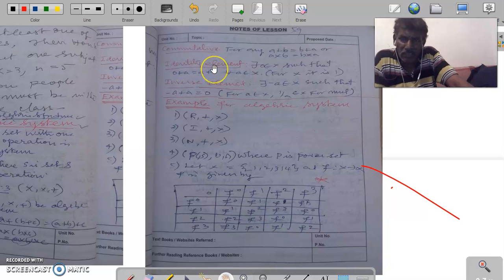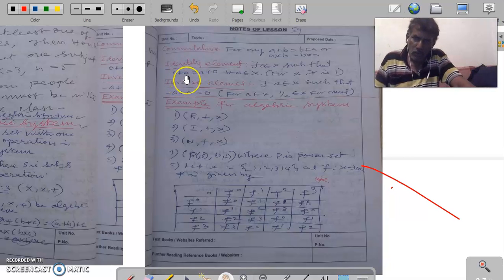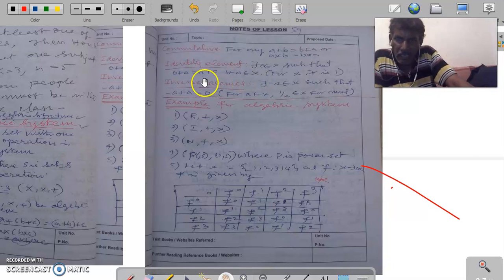Then the identity element. There exists 0 belonging to X such that any element, by adding that element 0, will give the same element, and this property is called the identity property.